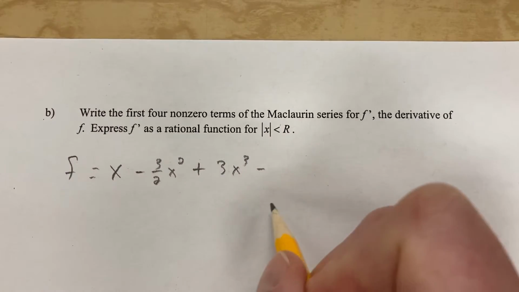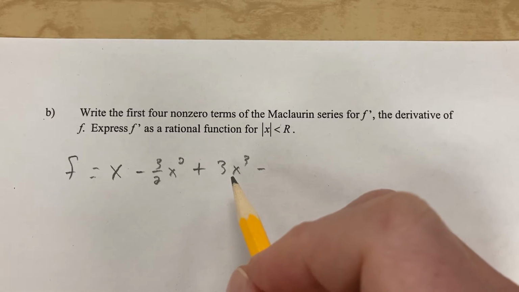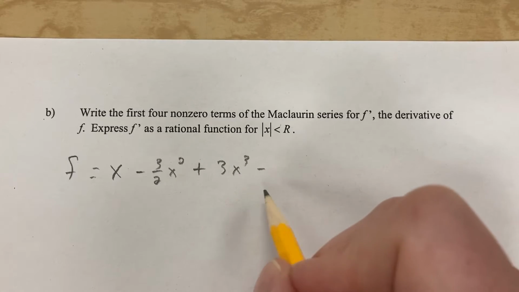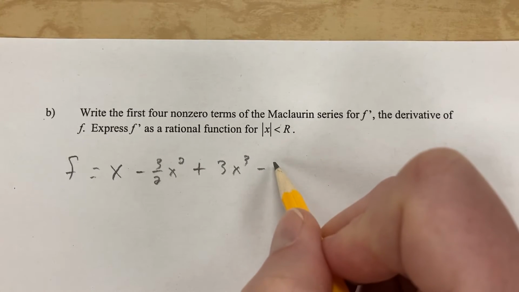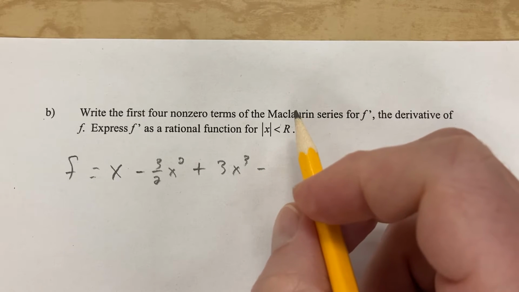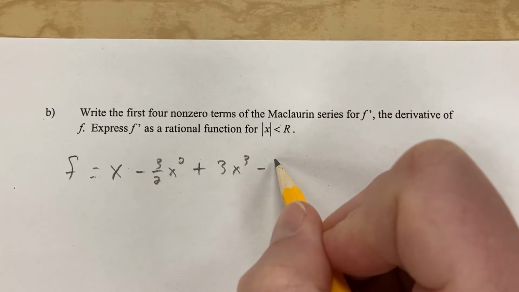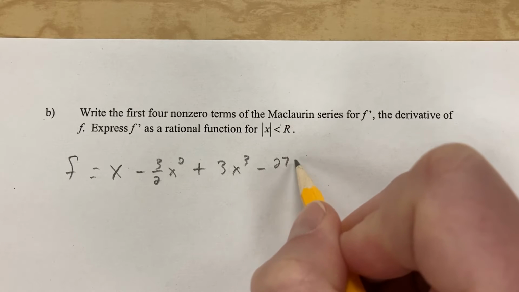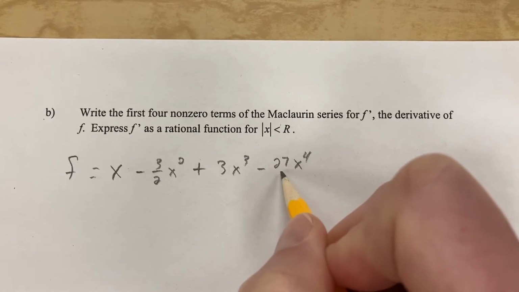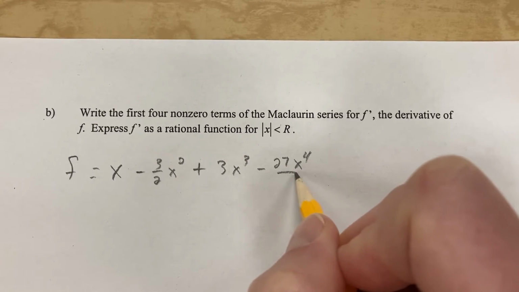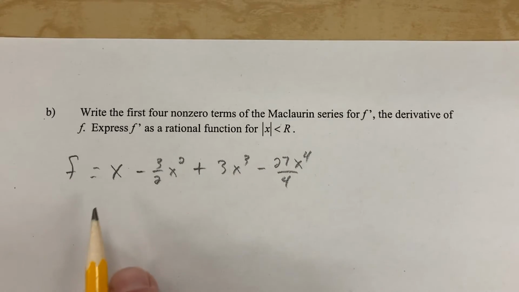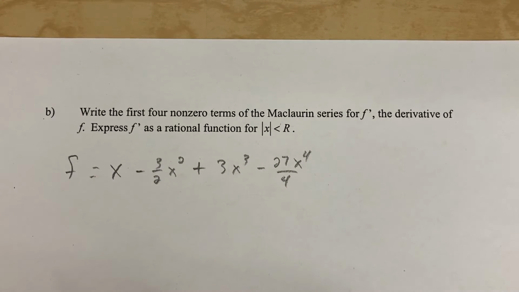And if we keep going with this, I would put 4 in, and you'll get -3 to the third power, so that'll be a -27 times x to the fourth, over 4. So these are your first 4 terms of f.